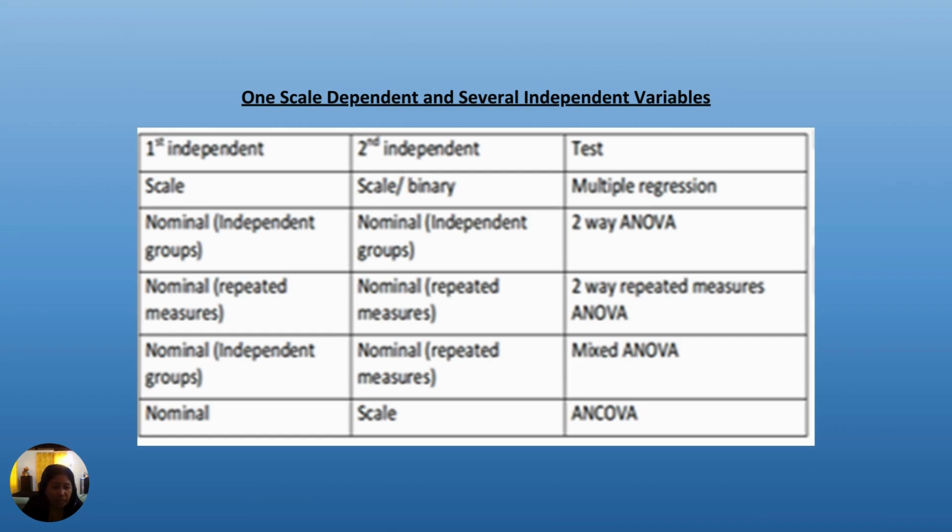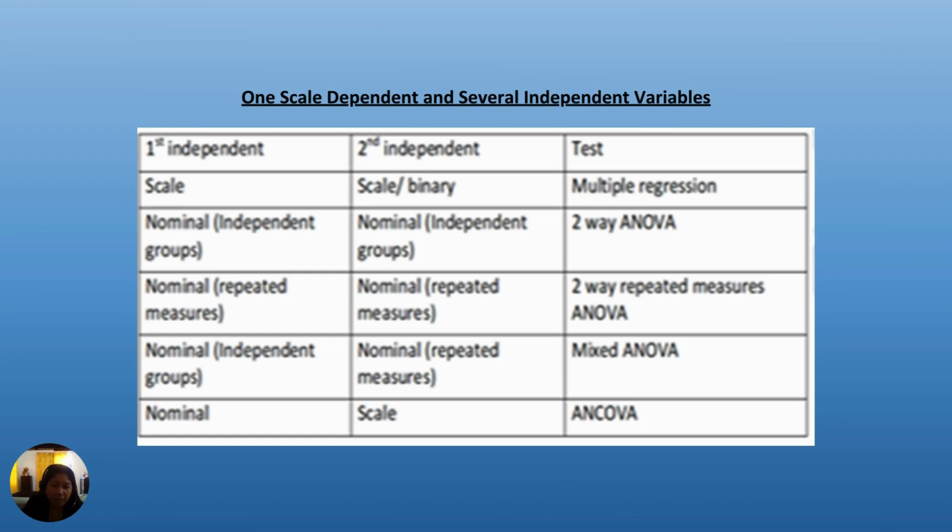Now, for a study that involves an independent variable, for the first independent variable, we have nominal for the independent group, and nominal naman for the second independent group. But this time, repeated measures, we use mixed ANOVA.